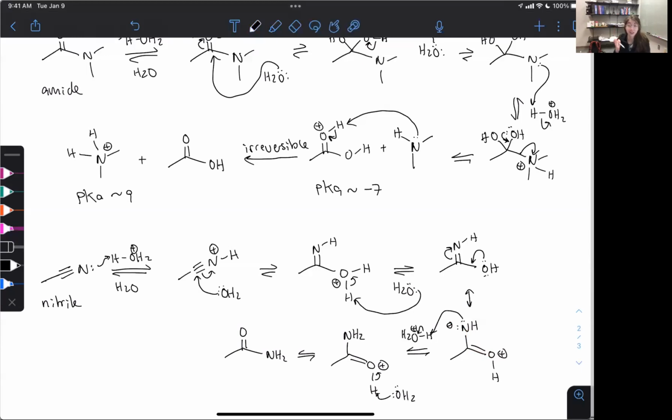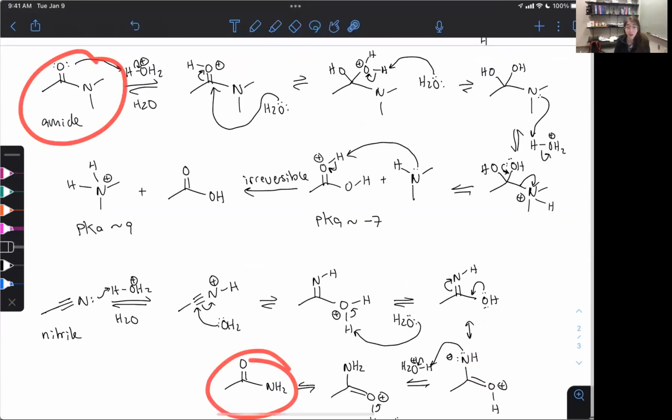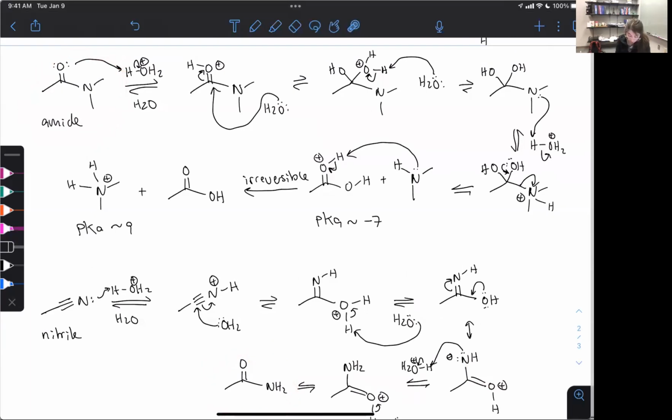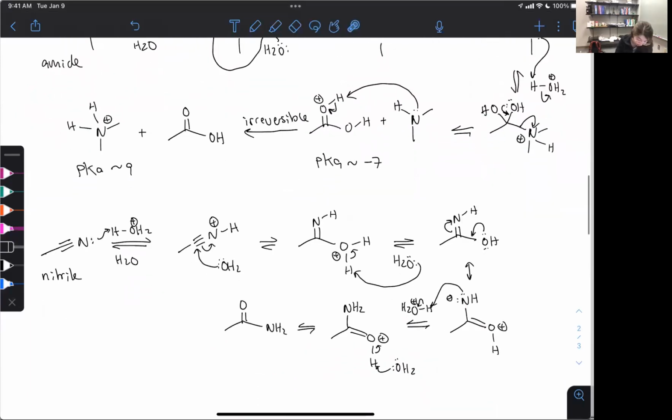So we are still in a reactive form right now. So this amide is going to happen just like this one did, where we're going to go through those steps to hydrolyze that amide to the carboxylic acid. Okay, so we've got acid. So we're going to go ahead and protonate the carbonyl.